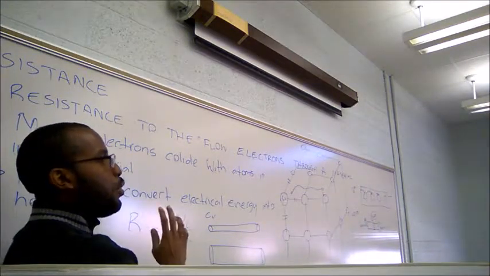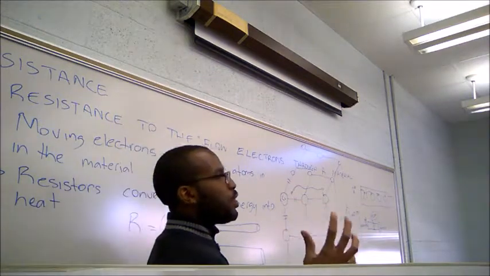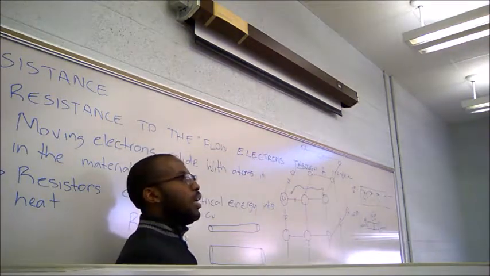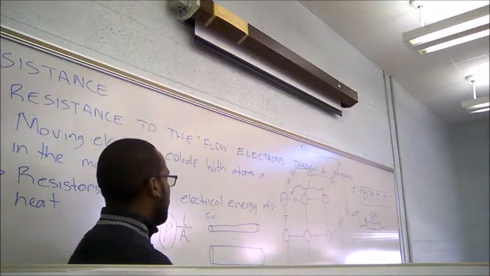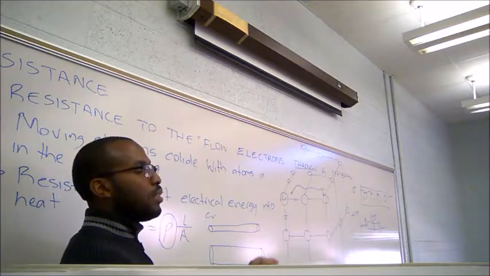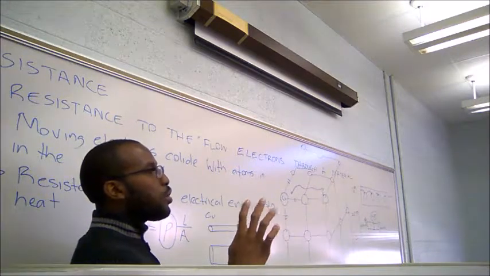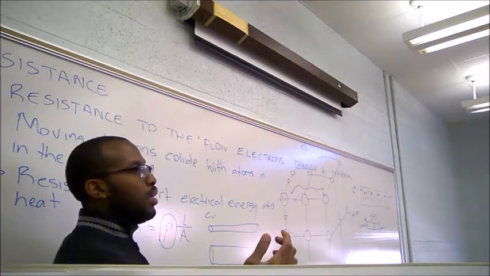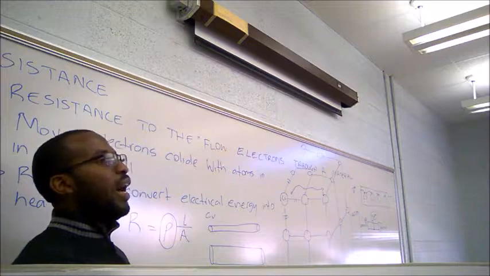Materials with a high coefficient of resistivity, something like carbon, are not very good conductors. In fact, carbon is not a very good conductor, but what we do is take carbon and add it to a material.